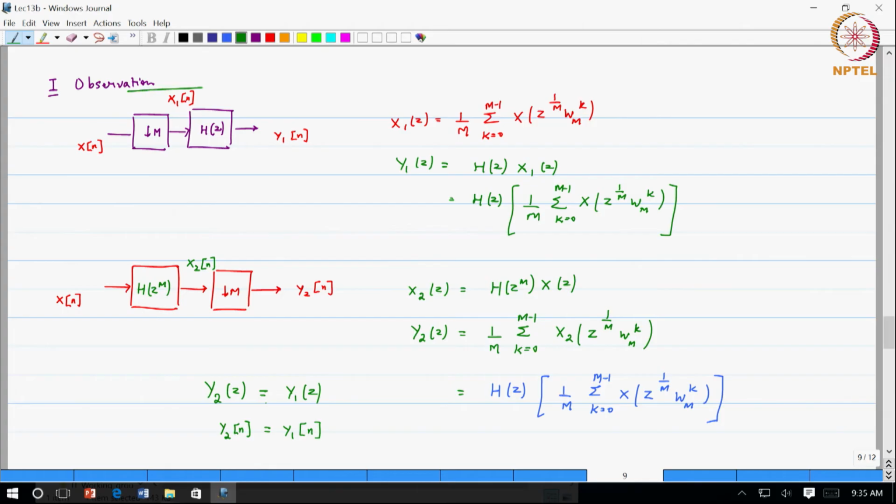So, this block is the same as this block. These two are the same, the green boxes are the same.